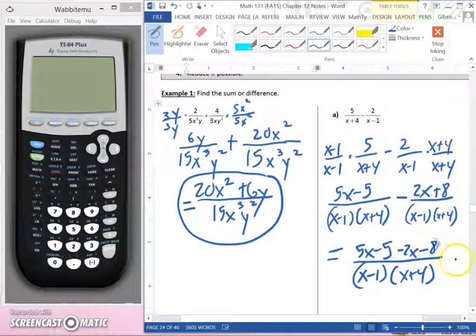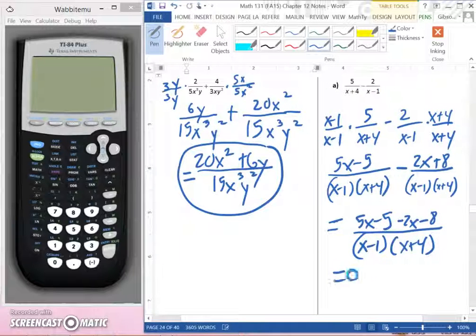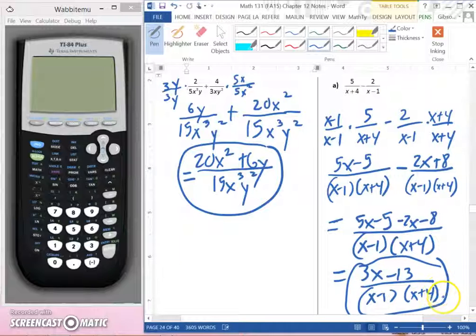This plus 8 becomes a minus 8. Now we will combine like terms. 5x minus 2x is 3x. And negative 5 minus 8 is negative 13. And it's all over x minus 1 times x plus 4. And there's nothing more we can do with this. So that is the final answer.